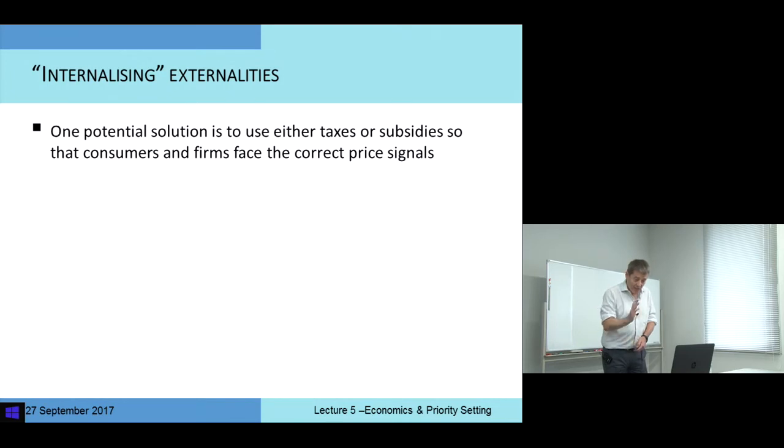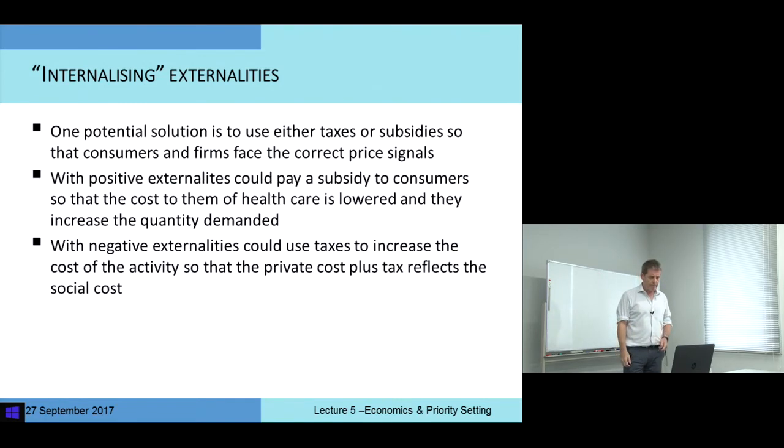So there are ways of internalizing externalities, and one solution is either to tax the activity, the negative externality activity, or to subsidize the good activity, the positive externality. And so you're ensuring that individuals, firms and consumers get the right price signal, because the problem here is they're getting the wrong price signal just now.